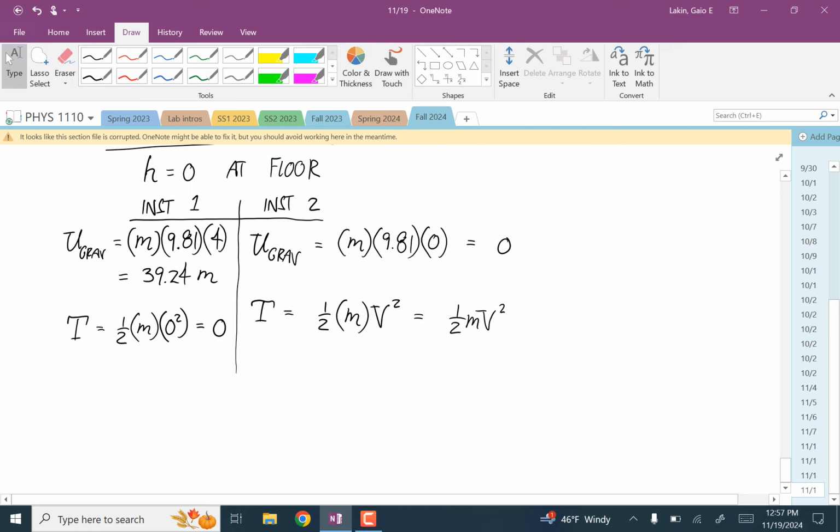And now conservation of mechanical energy says add up all the stuff at instant 1. That has to be equal to the sum of the stuff at instant 2. So we have 39.24 m plus 0 is equal to 0 plus 1/2 mv squared.